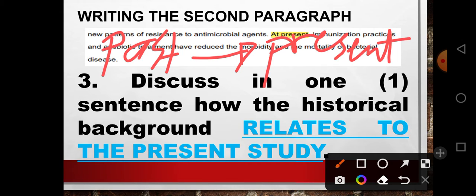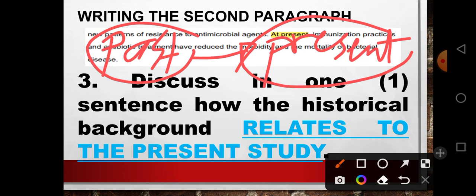So, with the first three guidelines, class, what is your realization? How is the second paragraph organized? The second paragraph of the background of the study discusses the historical background and follows a timeline from past to present.